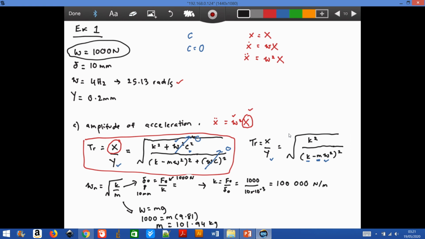So now we already have the value of K, we have the value of M, yeah? So we can straight away get the transmissibility ratio in order for us to find this acceleration.